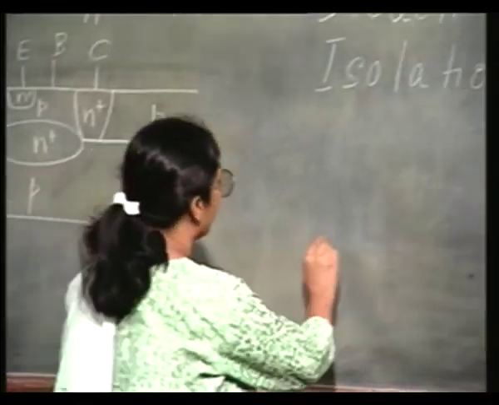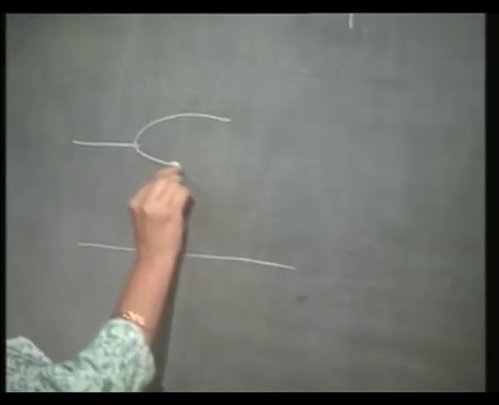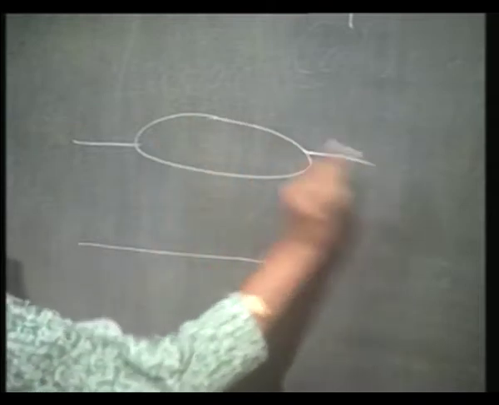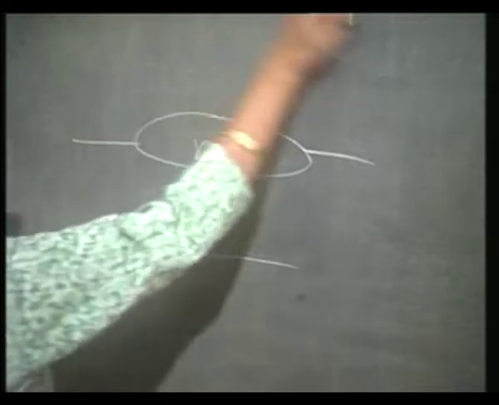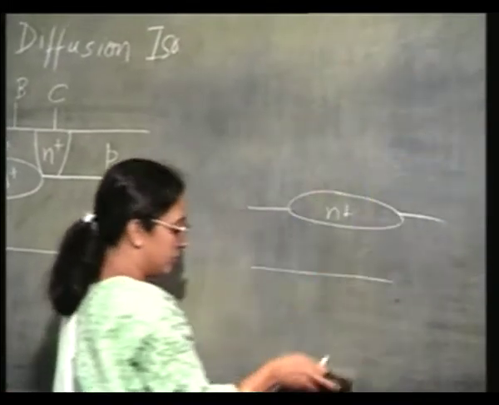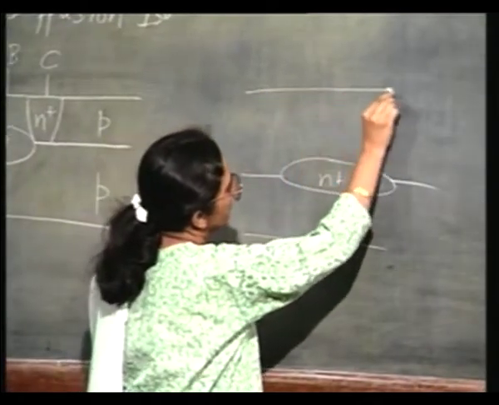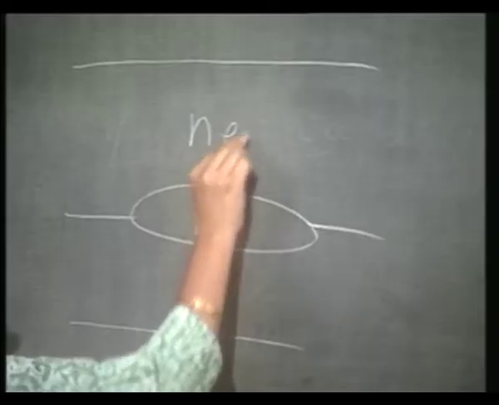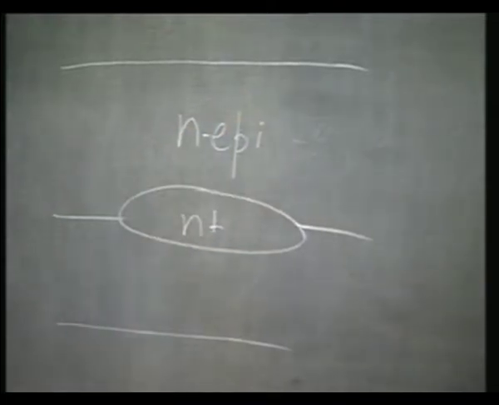Let us say I started off as before with the p type substrate and I have this N plus buried layer, right. And now next I have grown the N epitaxial layer on top of this. Let us assume that the substrate was 100, the epi layer is also grown in the 100 orientation.